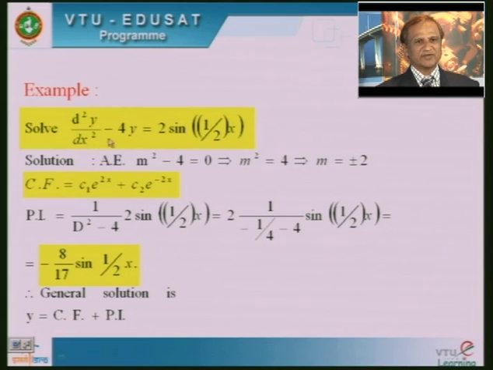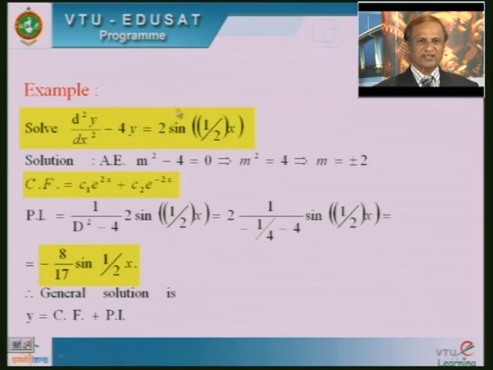Clearly the given equation is a non-homogeneous equation, as the right hand side member is not equal to 0. And the right hand side member is of the type sin of (ax plus b) or sin of ax, so I want to use a particular method to obtain the particular integral.